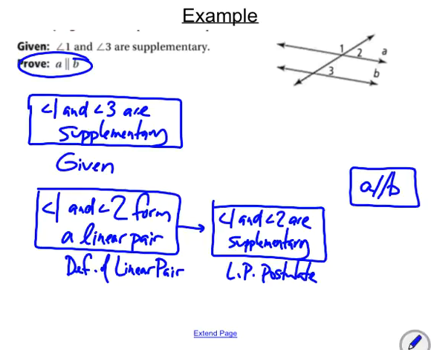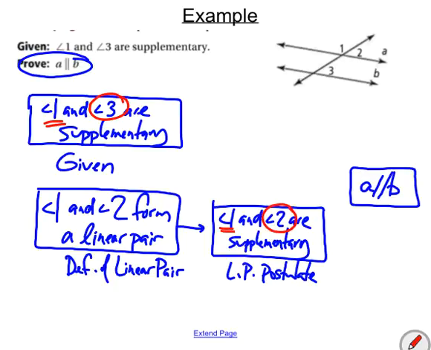And that essentially said that if you have two angles that are supplementary to the same angle, then they themselves are congruent. And so let's look at what we have going on here. We have that angle 1 and angle 3 are supplementary, and angle 1 and angle 2 are supplementary.